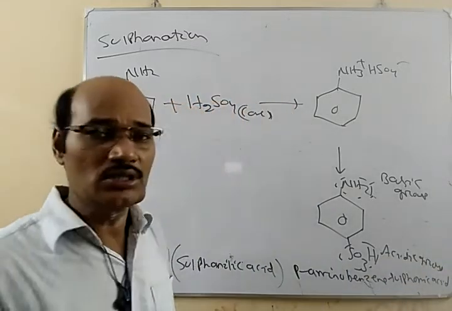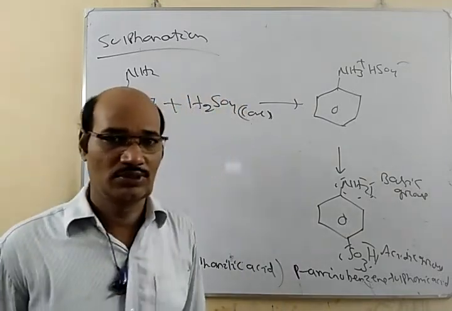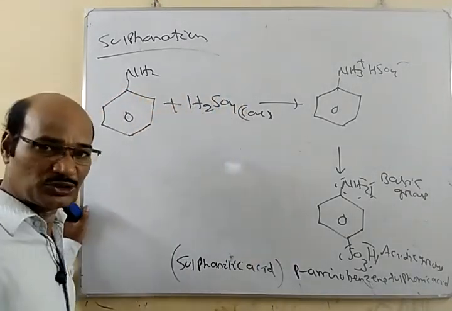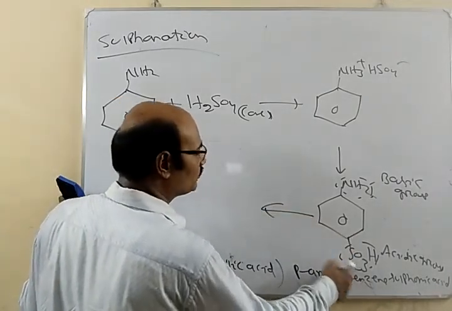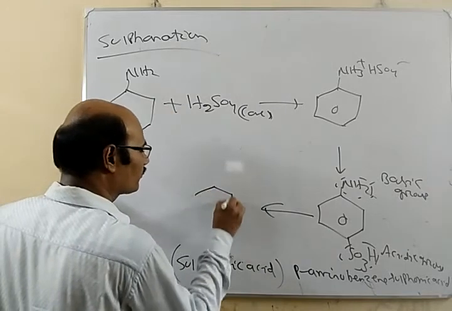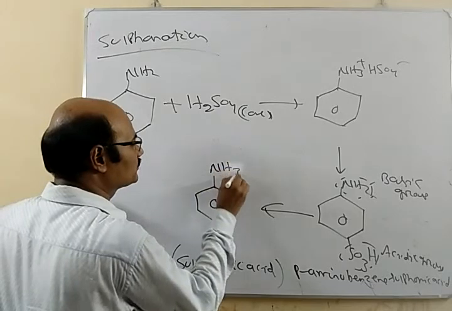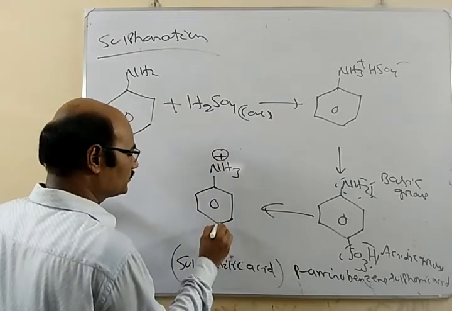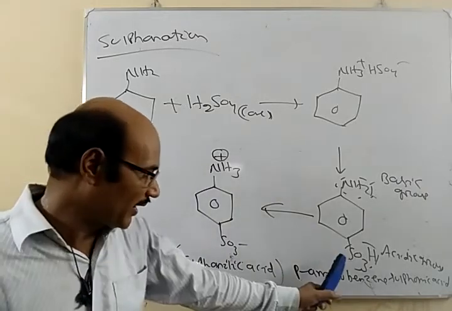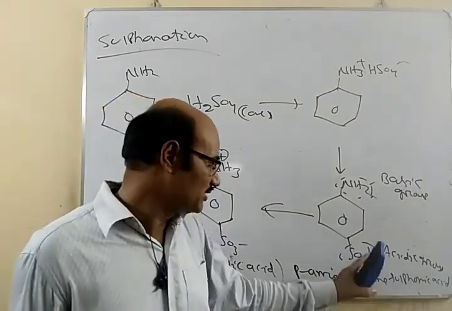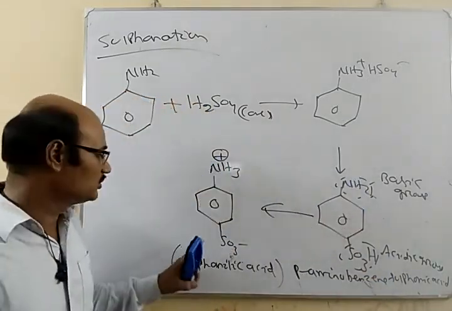So one molecule contains both the acidic group and the basic group, so this shows an amphoteric nature. From SO3H, one proton comes to the NH2 group, so this becomes NH3+ and this becomes SO3-.